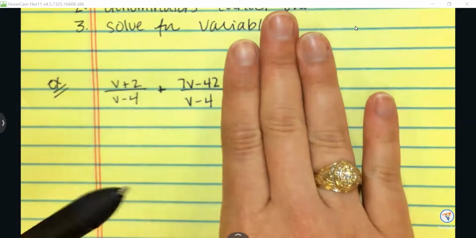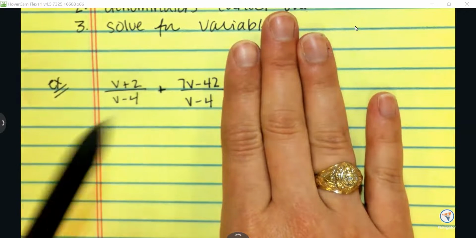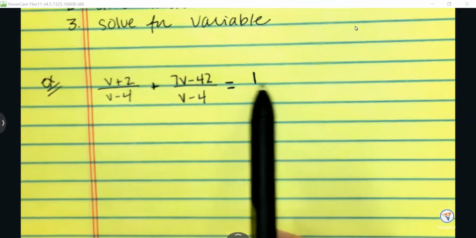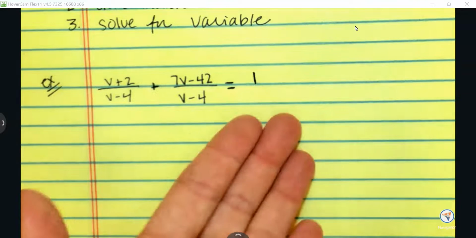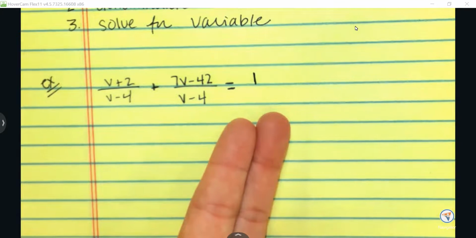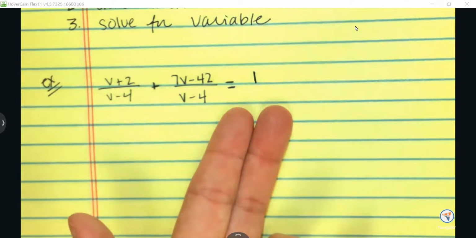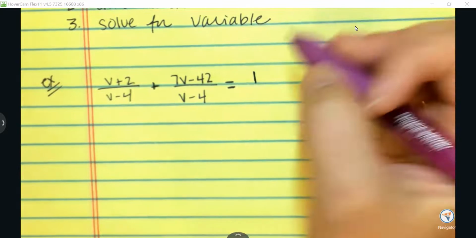So the easiest thing to do: these 2 have a common denominator already, so we need to see if we can make this one have a common denominator. This is as easy a problem as I can give you because there is no denominator, correct? So I can make it whatever I need to. What does it need to be? V minus 4.